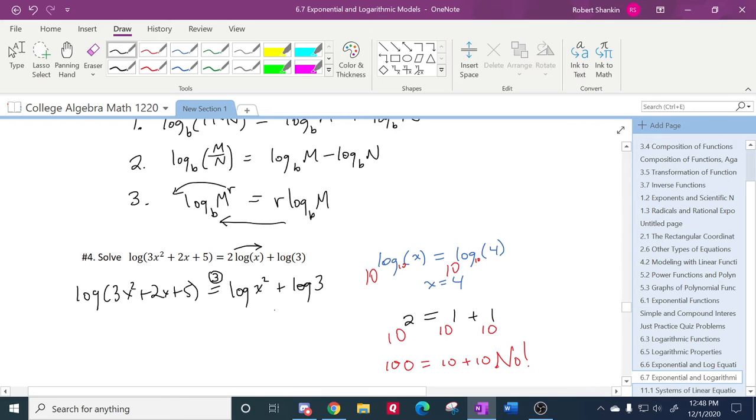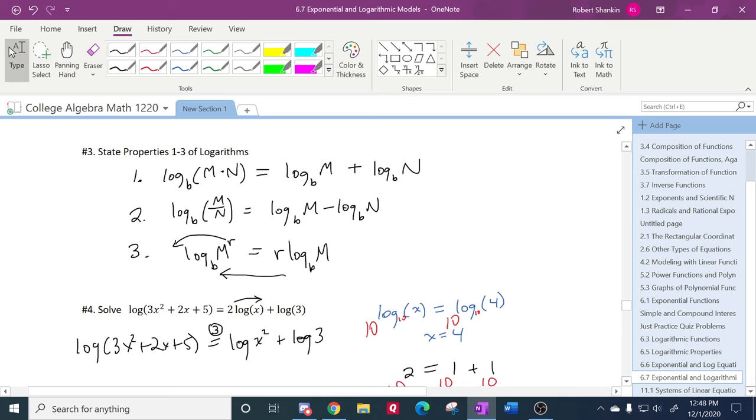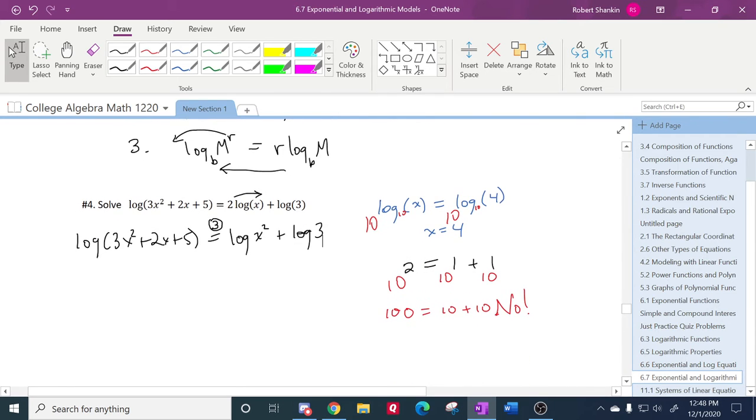And then now I can use property 1. The m can be as complicated as you want. It can be x squared, and the n would be 3. So now I use property 2 to combine those two together.